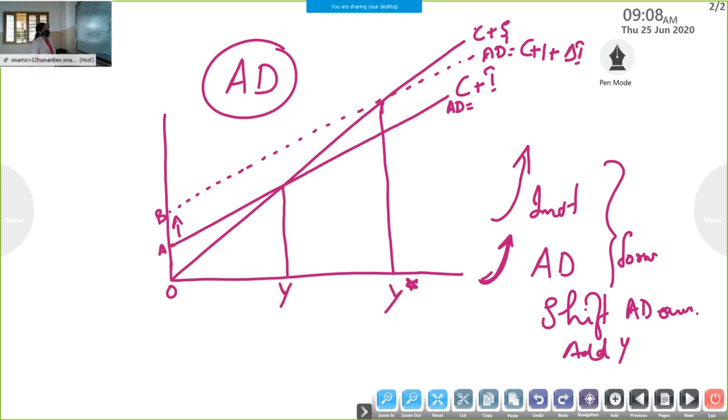Okay. So from here we can find like this, the additional investment, that is this much, delta I, that is AB. Delta I is AB, that is less than additional income, this much, Y star.